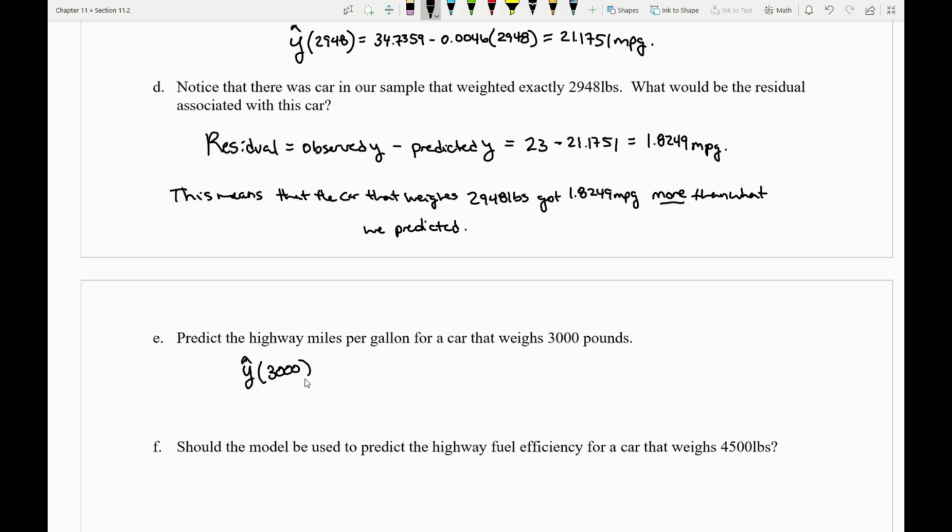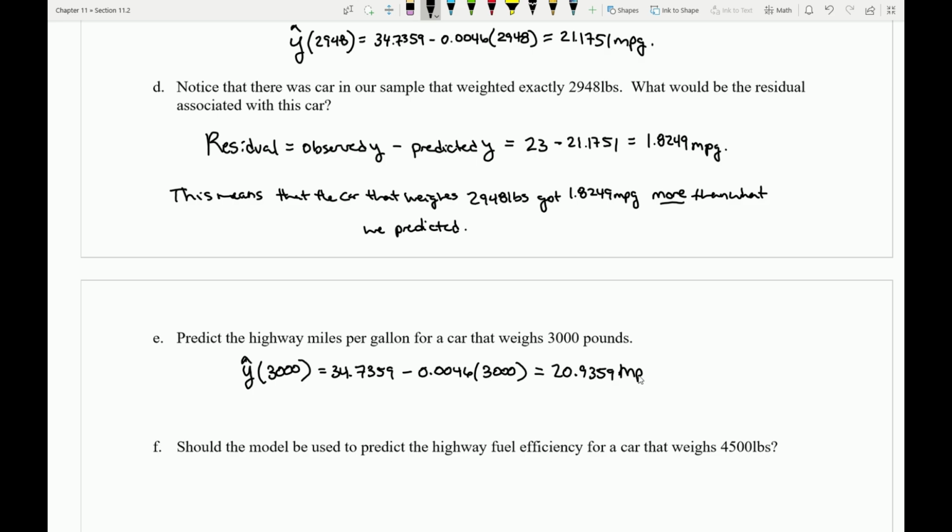34.3759 minus 0.0046 times 3,000. If I was to go ahead then and actually crunch this value out, I ended up with something like 20.9359 miles per gallon. Hopefully you were able to confirm that you get the same thing.